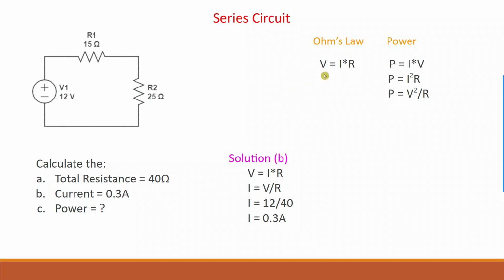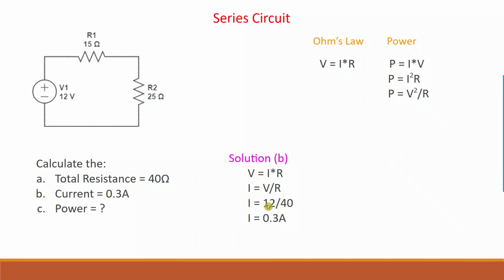V stands for voltage, I stands for current, R stands for resistor. Here we have to calculate the current, I. So V equal to IR, then I equal to V by R.